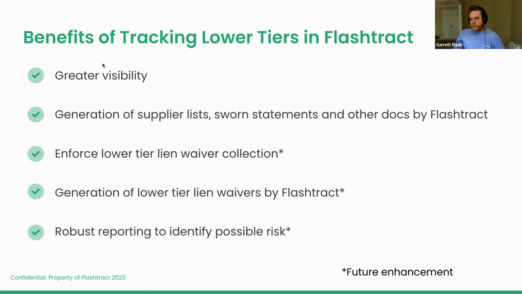One thing I wanted to call out specifically on this slide is that I mentioned beginning to enforce lower tier lien waiver collection, and at some point being able to generate lower tier lien waivers and have those signed directly by maybe the suppliers, and then additional reporting.